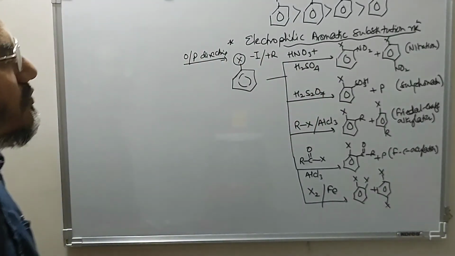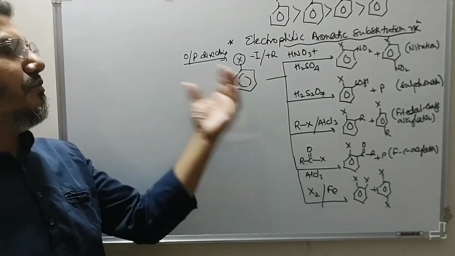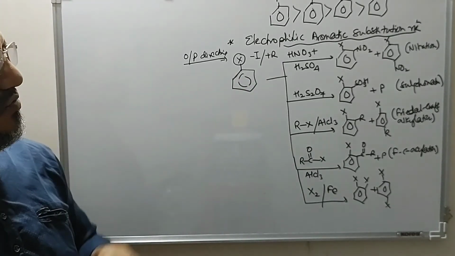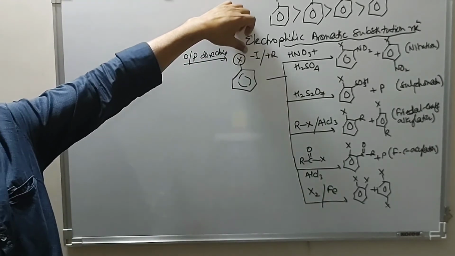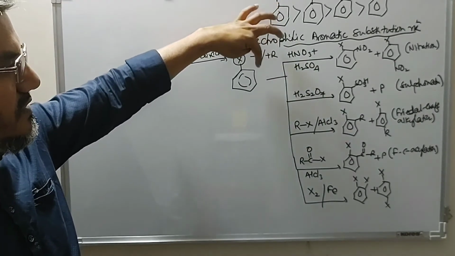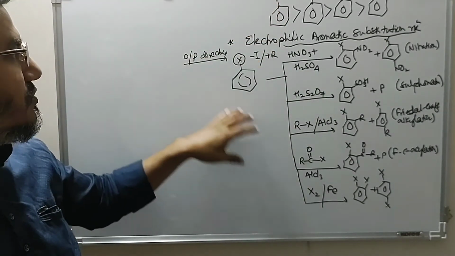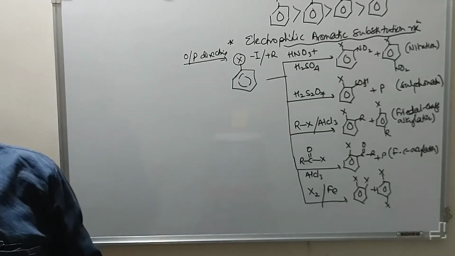So these are the electrophilic aromatic substitution reactions of halobenzenes. So this is an electron withdrawing group, but due to electron release by resonance, electron density at ortho and para is increased. So this is known as ortho para directing in nature.